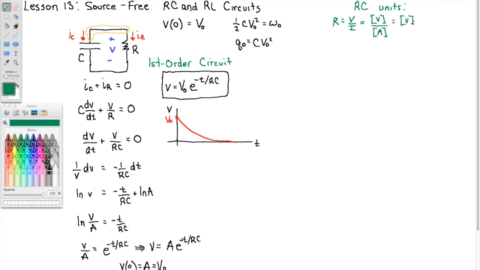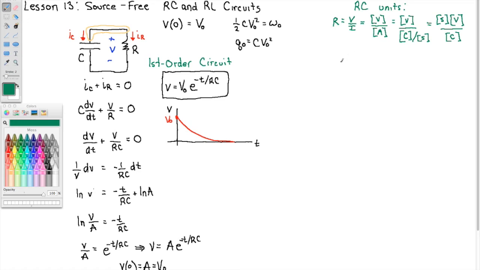Okay, and an amp was a rate of change in charge. So an amp was a coulomb per second. All right, so this is actually seconds, volts per coulomb. That's R in fundamental units there.